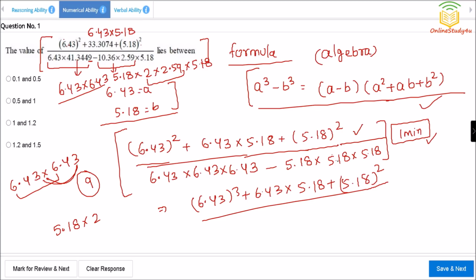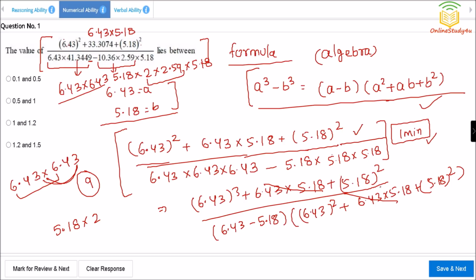Then a cube minus b cube will be (a minus b) into (a square plus ab plus b square), so 6.43 minus 5.18 into 6.43 whole square plus 6.43 into 5.18 plus 5.18 square. So these two terms are the same, they will get cancelled.